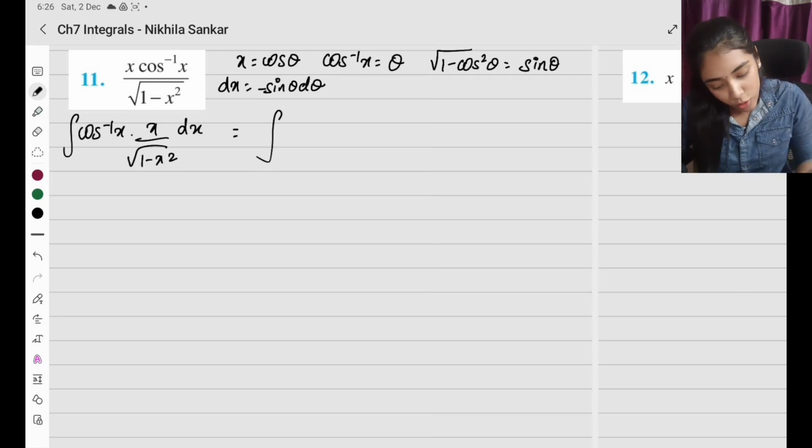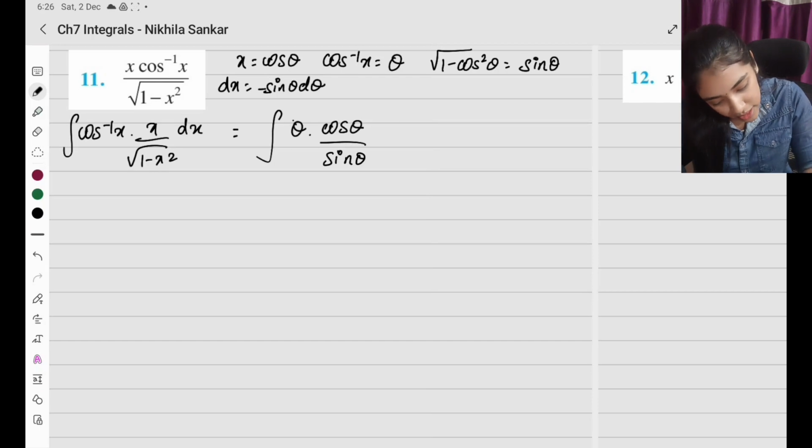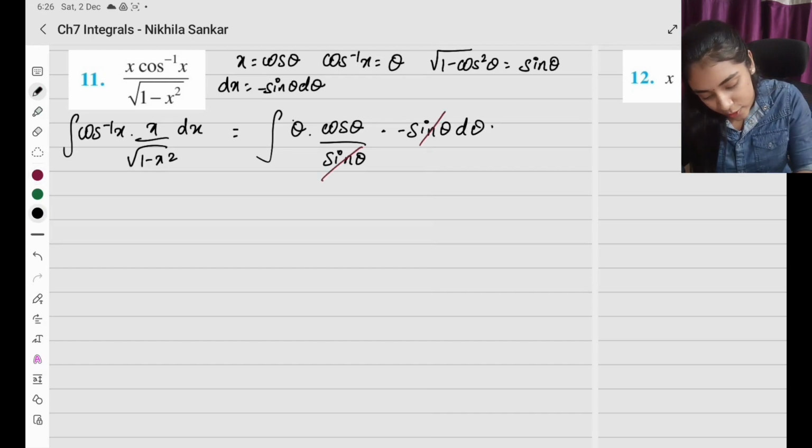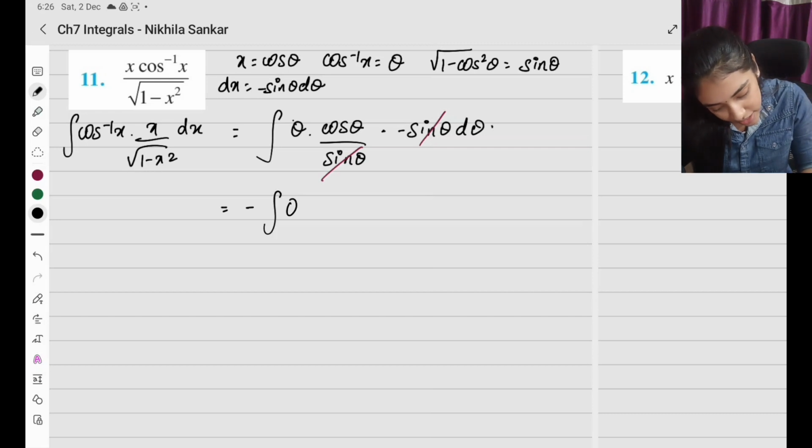Now what does the integral become? Cos inverse of x, which is theta, times x, which is cos theta, divided by the square root of 1 minus x square, which is sin theta, times dx, which is minus sin theta d theta. This has become even simpler. So sin theta cancels. I have minus integral theta cos theta times d theta.